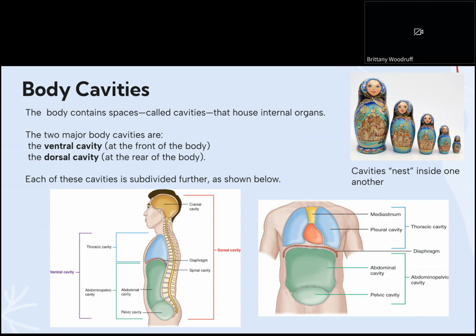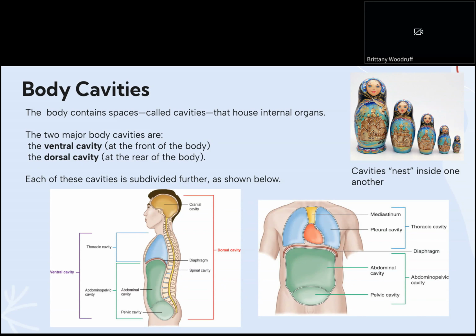Like, it's a stretch. If it helps you remember, great. If it doesn't, don't worry about it. And then you have your pleural cavity, which is going to have your lungs. So like I said, it's one thing inside of another.